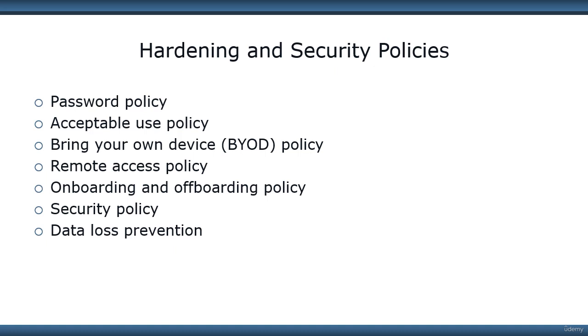Data loss prevention, DLP. This is another one that can be an actual policy, but also technical controls. DLP is all about not allowing private internal data to go to external users. Or if allowing it, at least controlling what they're able to do. It's preventing data dissemination.